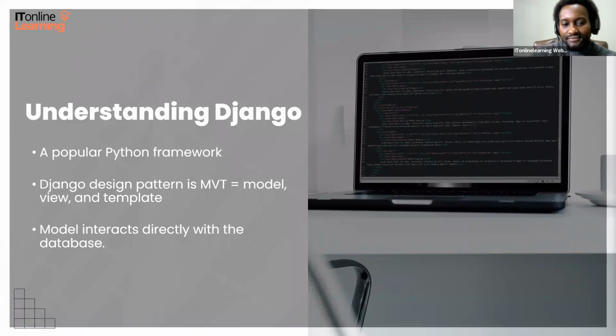Understanding Django. Django is a popular Python framework, like other popular frameworks such as Laravel for PHP. The Django design pattern is an MVT, which basically means model, view, and template. The model interacts directly with the database. If you want to manipulate or present data from the database, then they are in a file that is named models.py.